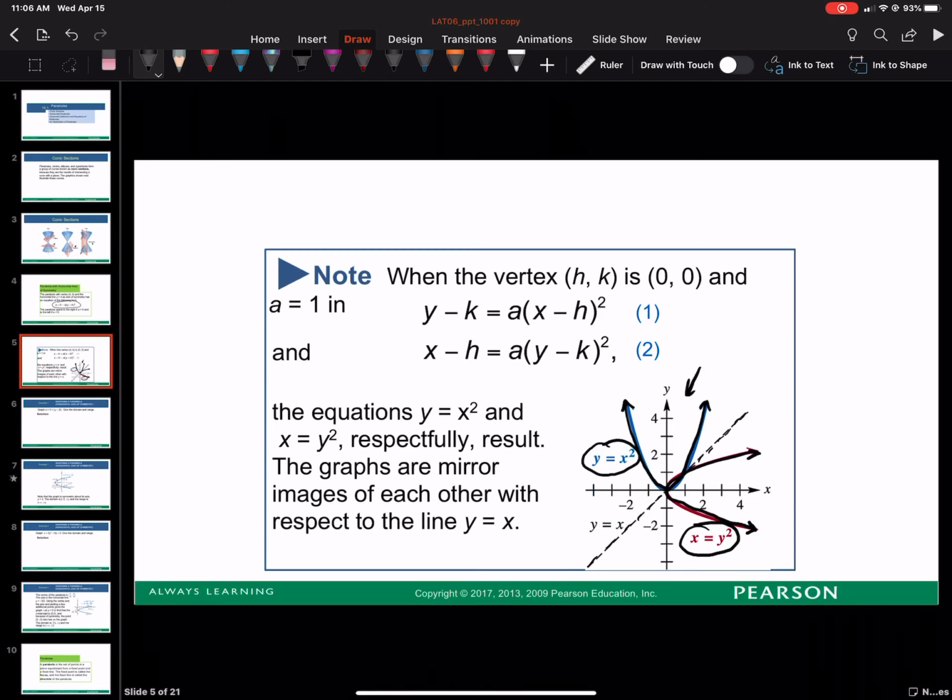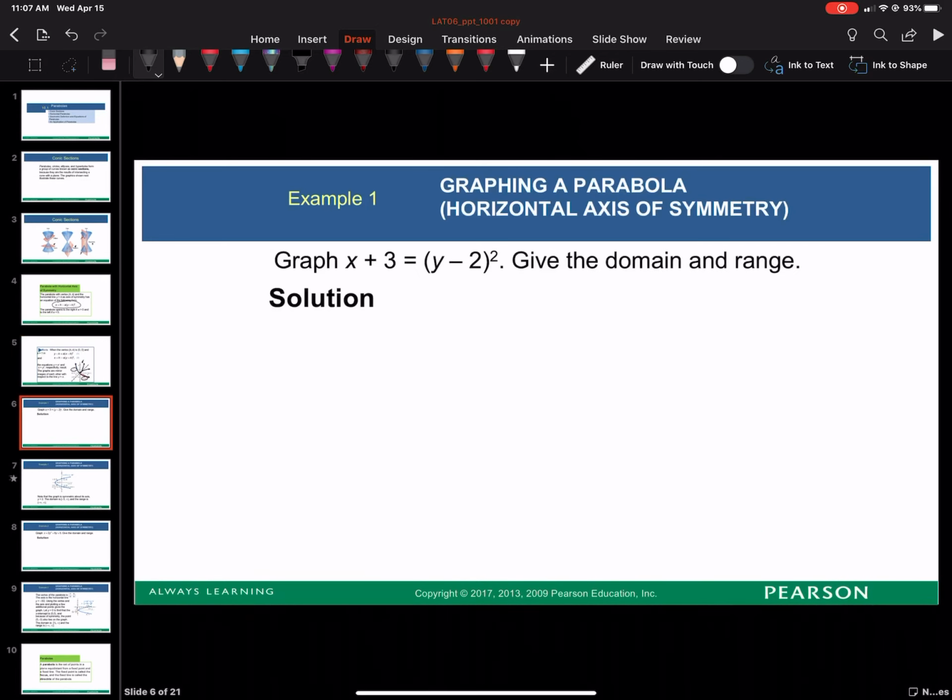Now, let's actually do a problem. It says graph x plus 3 is equal to (y minus 2) squared. It then says give the domain and range. So the first thing we need to figure out is what the vertex is. Now, remember the vertex is (h, k).